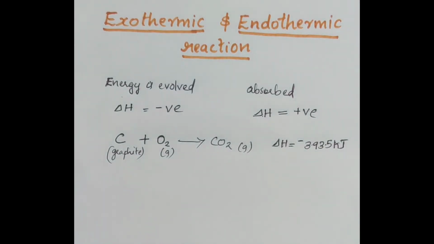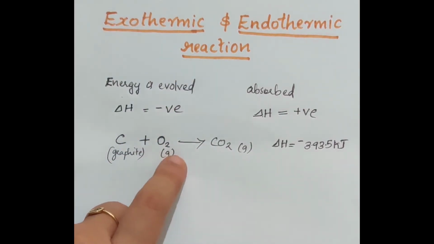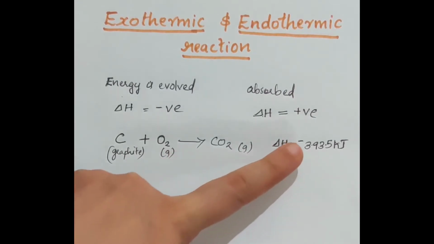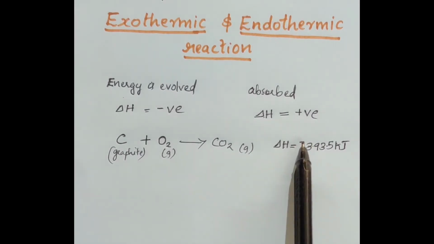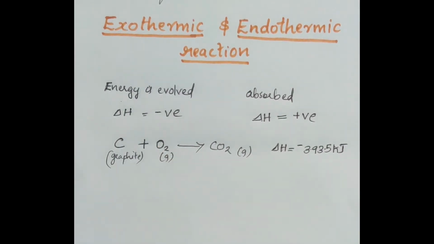Hence there is a decrease in enthalpy, and we put this value of delta H as a negative quantity. Okay, this is an example for an exothermic reaction.